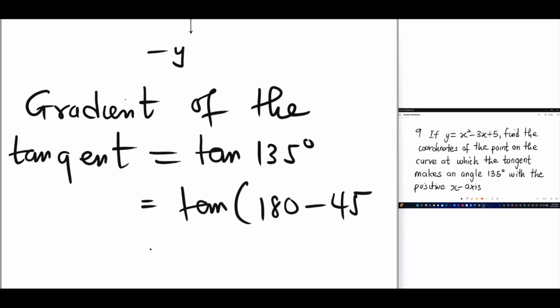So this is what we are going to do. Because when you subtract 45 from 180, you still get 135 degrees, which is the same as negative tan 45 degrees.